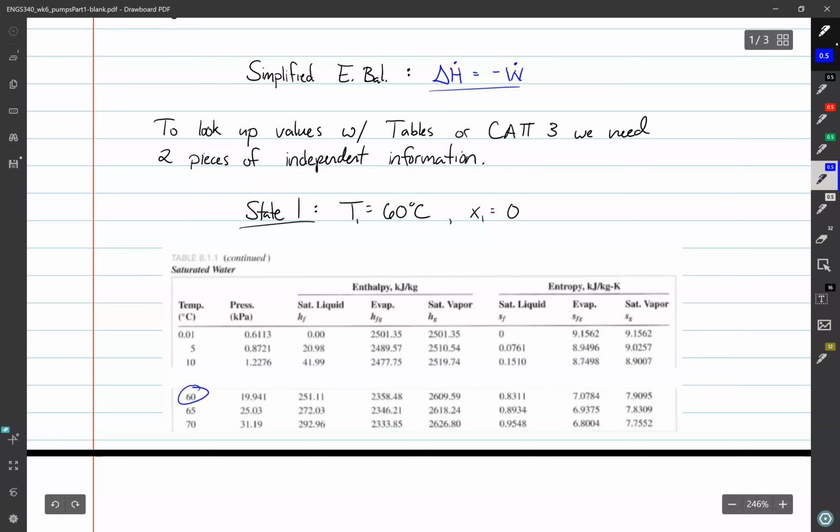We're going to find 60 degrees, and then we can find everything that we want. So here would be the pressure, the enthalpy, and the entropy. X equals 0 means we're looking right at the saturated liquid column, HF or SF. If we wanted to find the specific volume, we'd look at VF. Specific internal energy, we'd look at UF. But those are all the values that we would want for that.